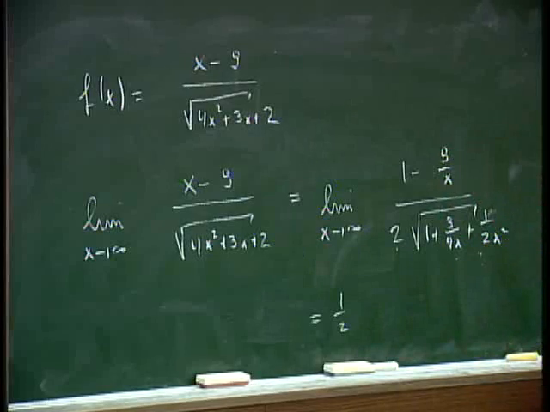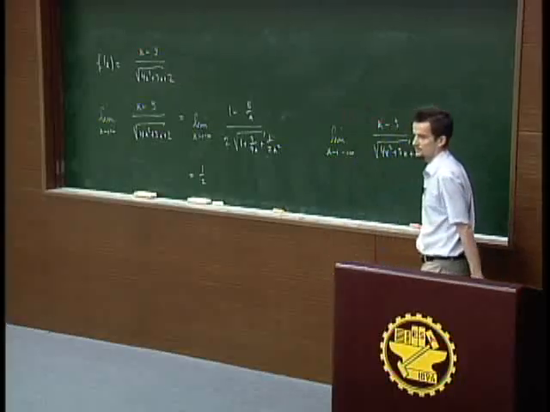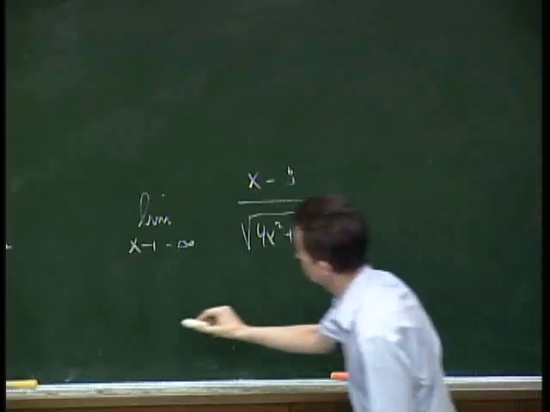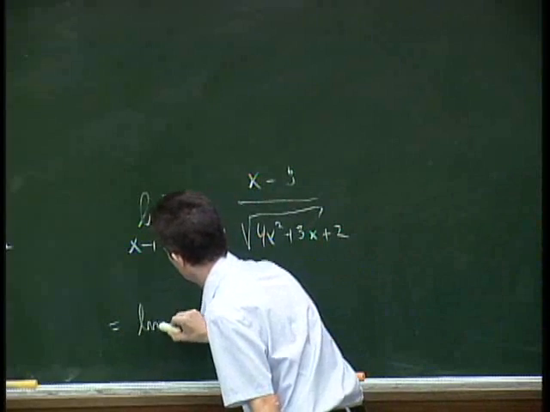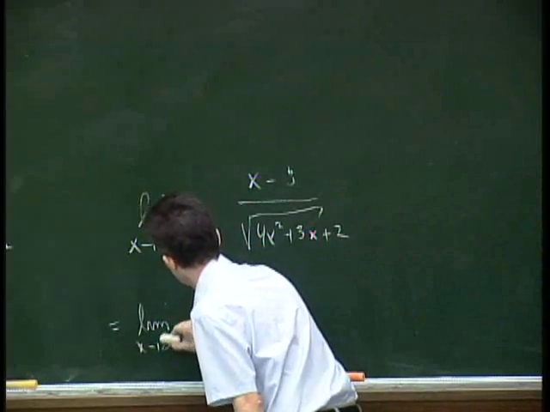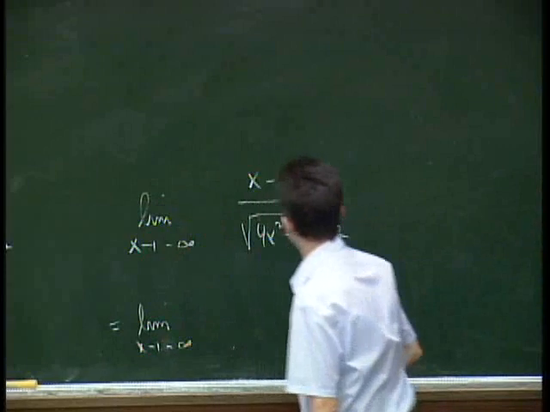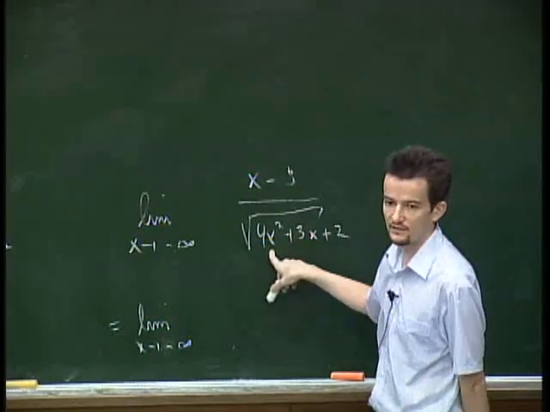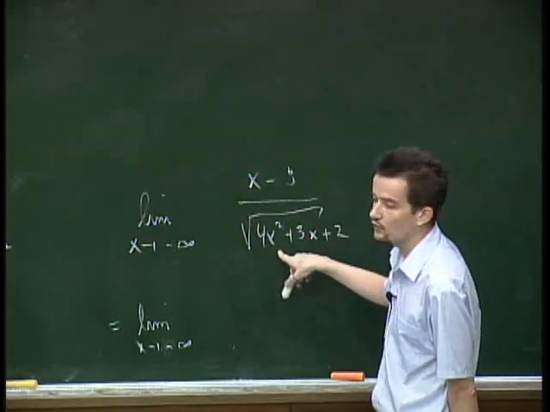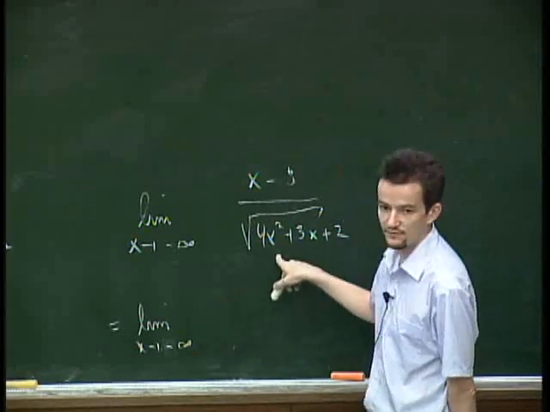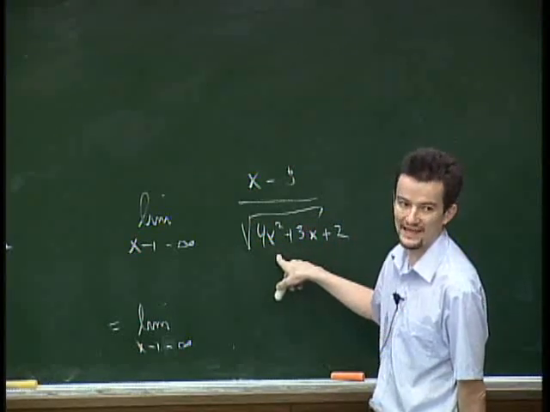Now, what happens with the limit as x tends to minus infinity of x minus 9 over the square root of 4x squared plus 3x plus 2? Here is something which students quite often forget: if you take out 4x squared and compute the root of 4x squared, because x is negative, in this case you get minus 2x.